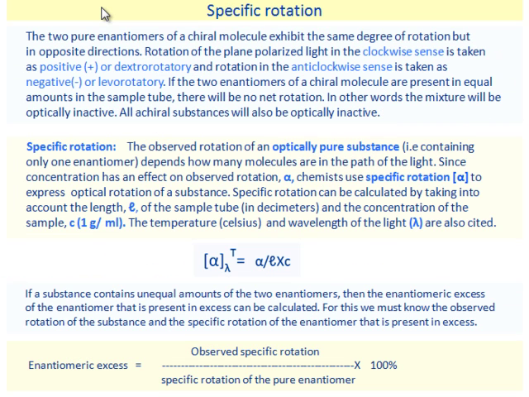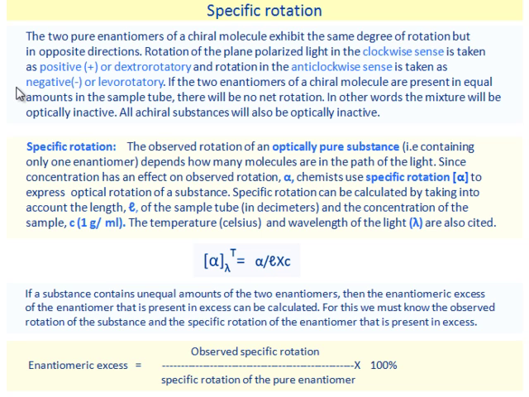Specific rotation. The two pure enantiomers of a chiral molecule exhibit the same degree of rotation but in opposite directions. Rotation of the plane polarized light in the clockwise sense is taken as positive or dextrorotatory, and rotation in the anti-clockwise sense is taken as negative or levorotatory.